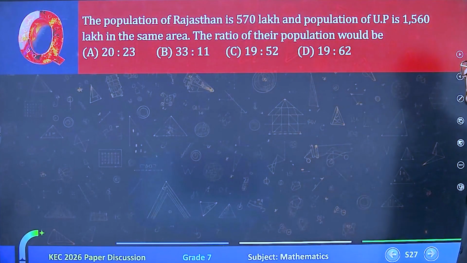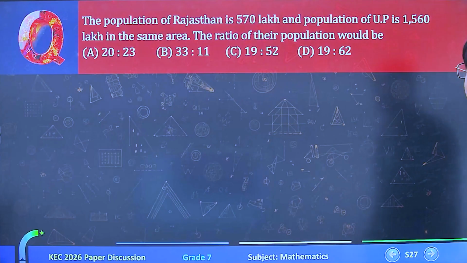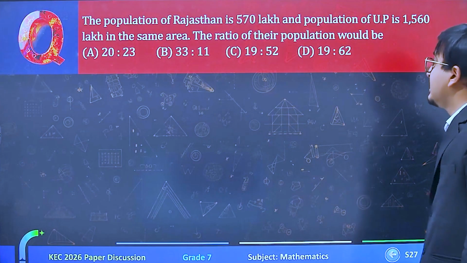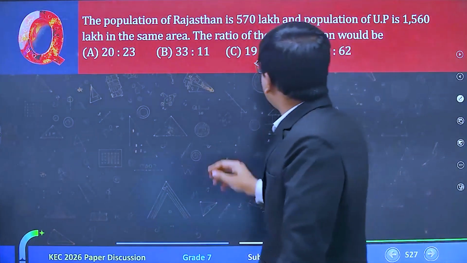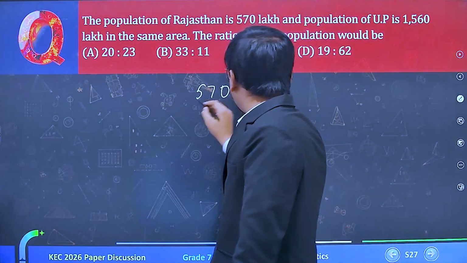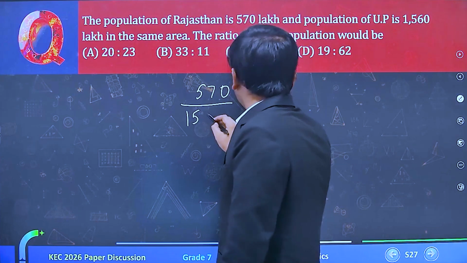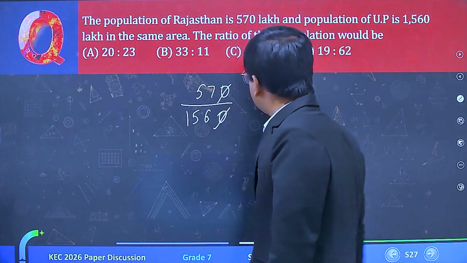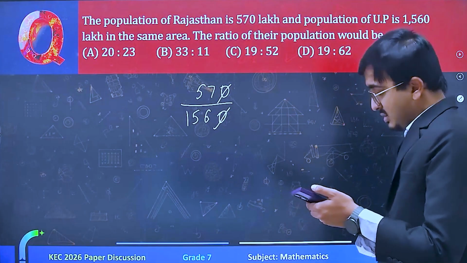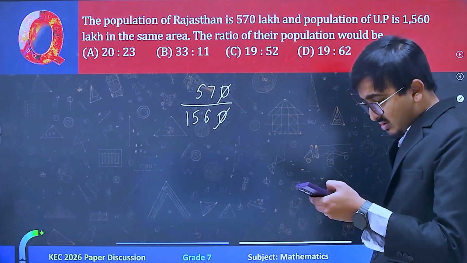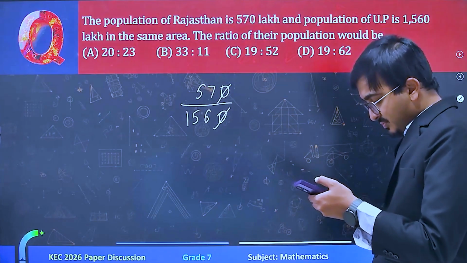Population of Rajasthan is 570 lakhs. Population of UP is 1560 lakhs in the same area. Ratio, come on, very simple. Ratio 570 by 1560. 0 gets cancelled. Simplify with which table? 3. Yes or no? 3.